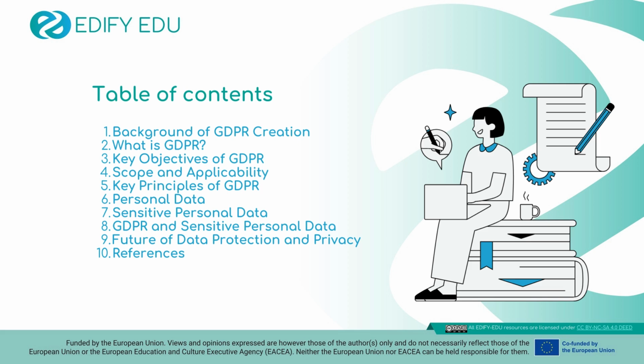We will then examine the key objectives of GDPR, along with its scope and applicability. Following this, we will delve into the key principles of GDPR and provide a thorough understanding of both personal data and sensitive personal data. Additionally, we will analyze how GDPR specifically addresses sensitive personal data and conclude by looking ahead to the future of data protection and privacy.